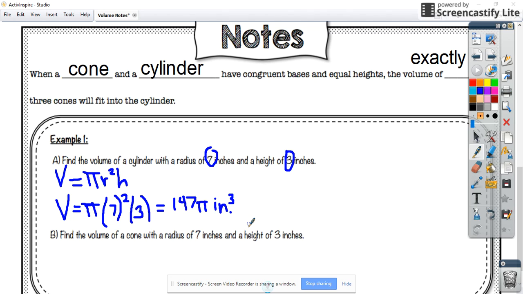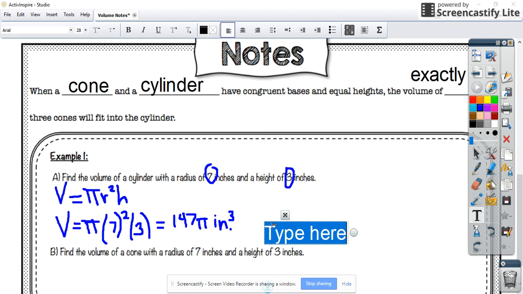Okay, if you did not do it this way, if you actually typed in pi, you'd get a slightly different answer. You would get 461.81 as your answer. Let me write that down. 461.81 cubic inches.